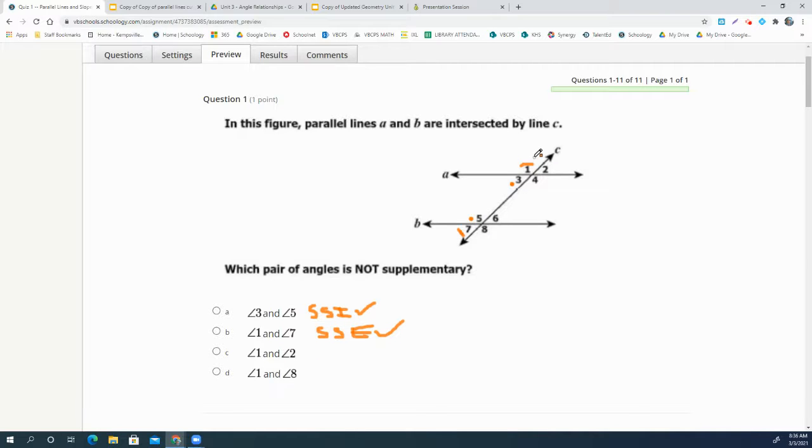How about 1 and 2? Yes, they're a linear pair. They make a straight line, so they're not going to prove anything parallel, but they are supplementary. So 1 and 8 are congruent. So that is our answer.